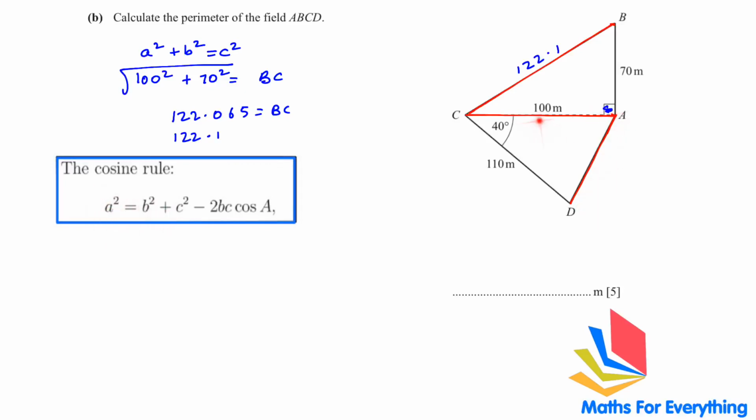B and C are the other two sides, and the angle A is the angle opposite the side we need to find. So we will have 80 square is equal to 100 square plus 110 square minus 2 multiplied by 100 multiplied by 110 cos 40.